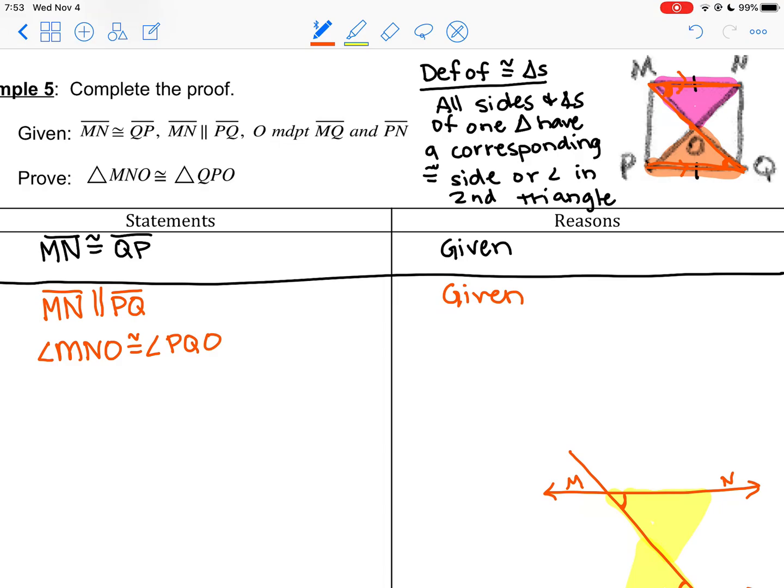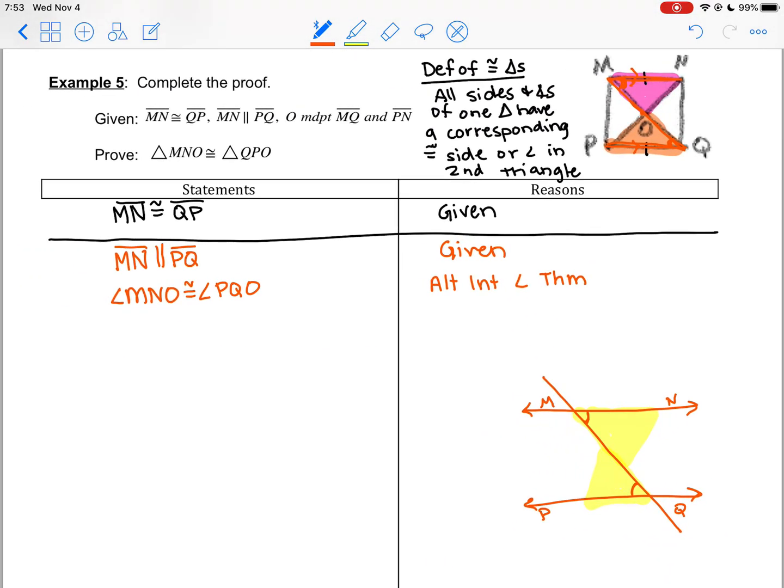So those angles, since they're those peaks of the Z, the angle pair that those match is the alternate interior angles. So that is the alternate interior angle theorem that tells me that when the lines are parallel, the alternate interior angles are congruent. So that's my first set that I can use with those parallel lines.